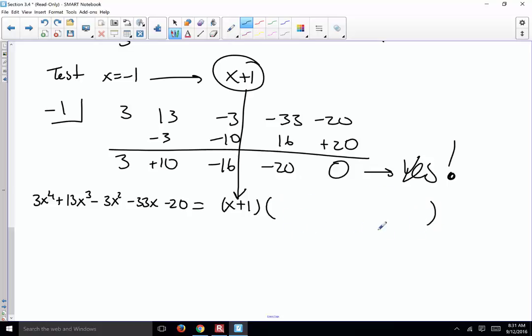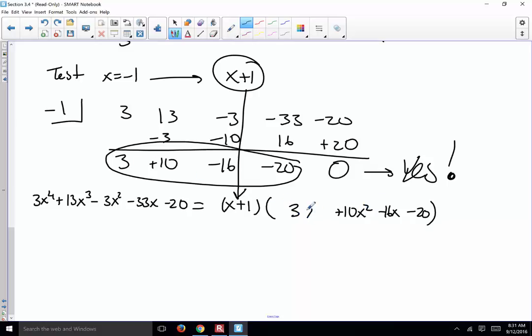Where is it? How do I find this missing piece? It's here. Start from the end and write it up. Minus 16x plus 10x squared and plus 3x cubed. Okay?